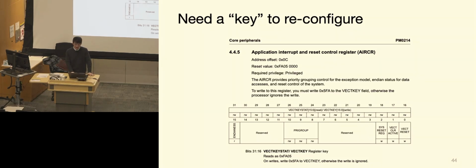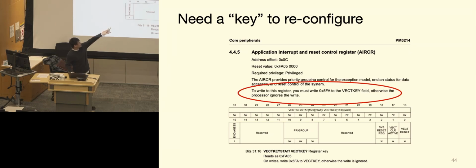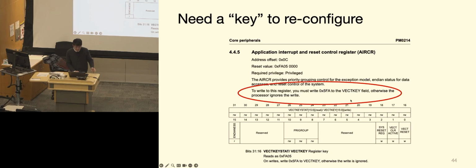So these things are a little bit trickier to configure. Basically, you have to write a certain value to a key field before you can configure the priority bits. Otherwise, it's just going to be ignored.